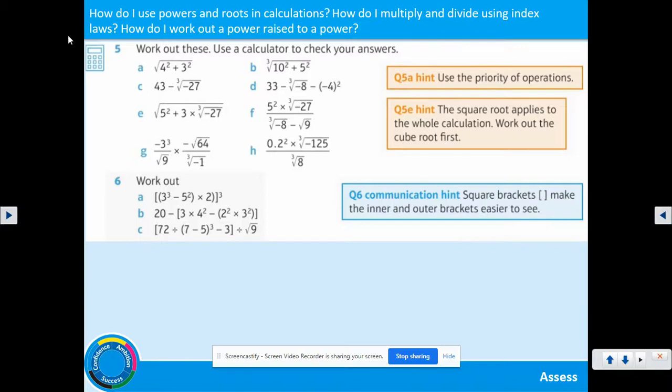The square root that's around all of those numbers applies to everything underneath. So do the things underneath the square root first, and the last thing would be finding the square root of those numbers. And then question 6, you've got a communication hint. Square brackets make the inner and outer brackets easier to see. So you need to deal with the things inside the square ones first and then cube after. Play when you're ready for the solutions.